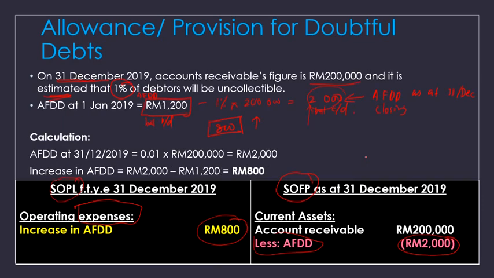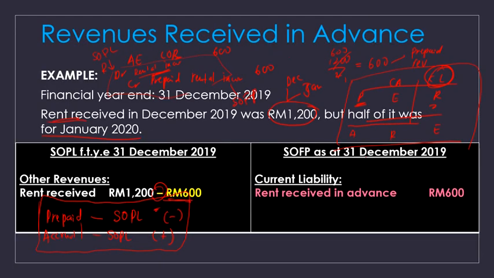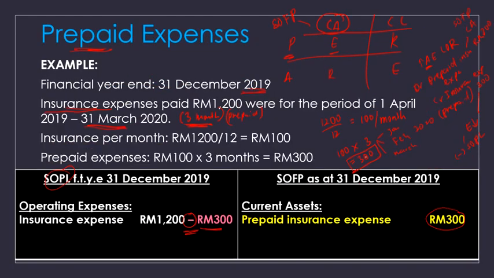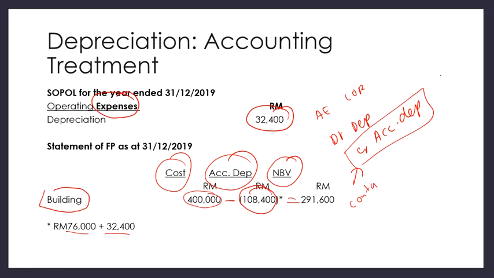And then contra account untuk prepaid, contra account dia kan insurance expense. This is the contra account lah. Okay, macam tu.